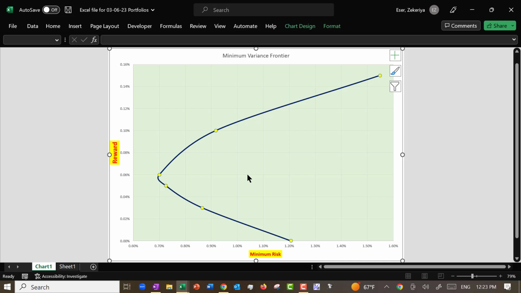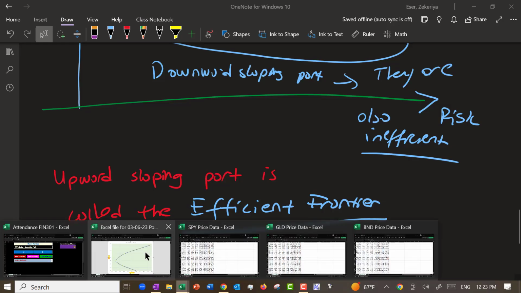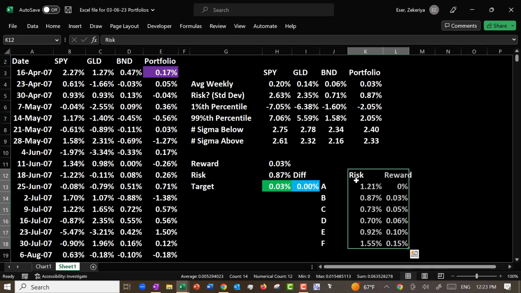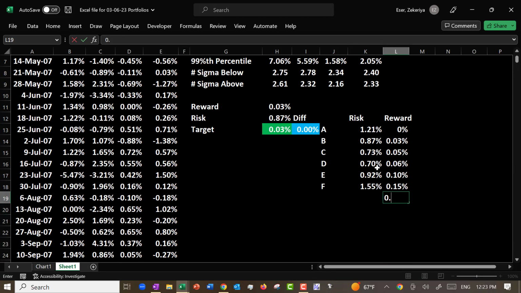So let's think about this portfolio. Let me put 0.21% as my target. Let's solve, not data analysis, solvers.